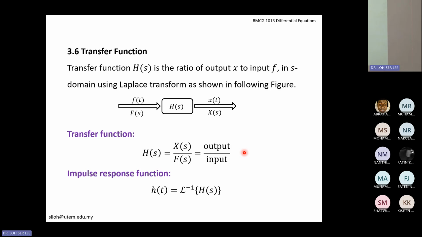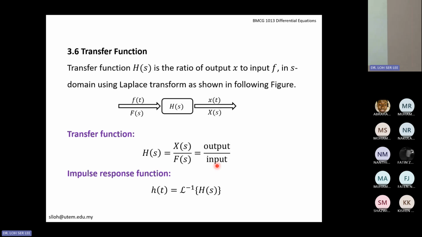Okay, so this is the transfer function. Just now the input is F(t), your output is x(t). So the transfer function is a fraction function where we have output over input.